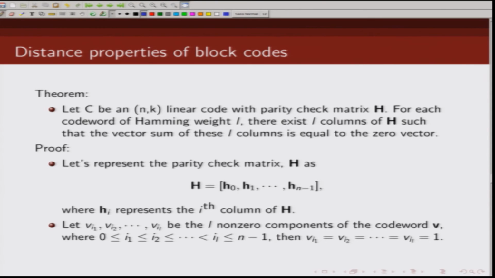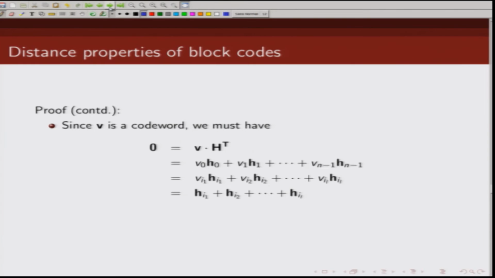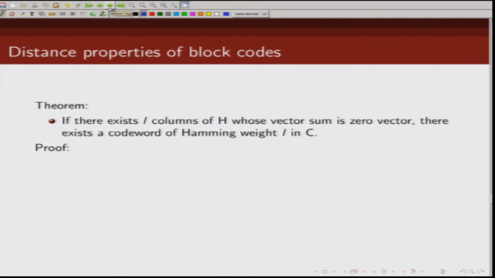So, we showed that if L components of this code word V are non-zero, then this relation follows. Next, we show another result which says if there exist L columns of the parity check matrix whose vector sum is 0 vector, then there exists a code word of Hamming weight L in this linear block code C.